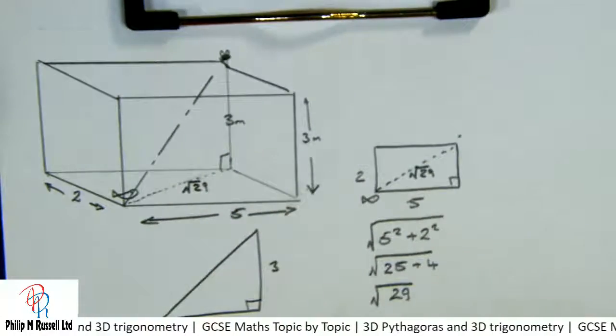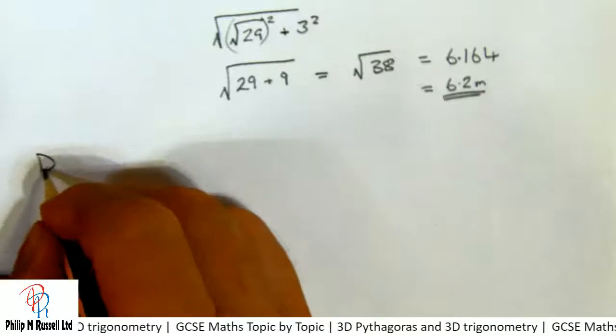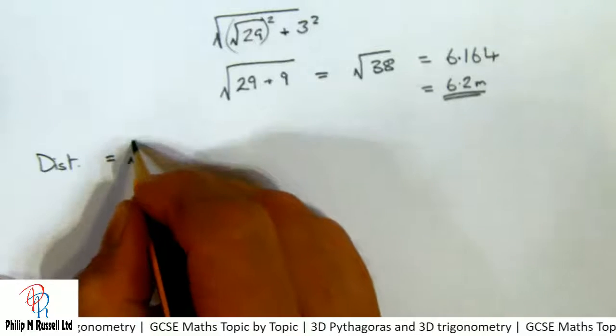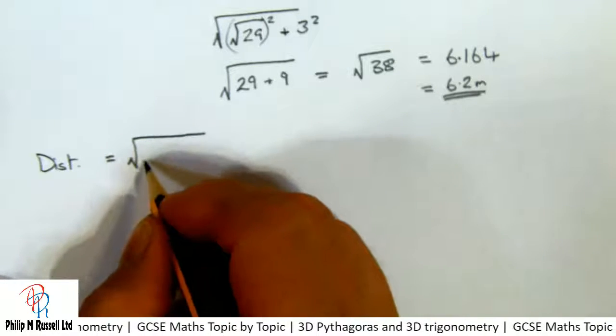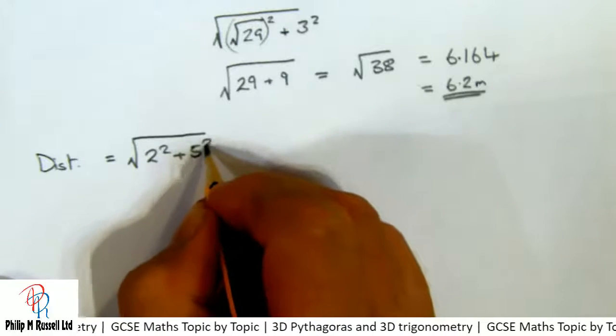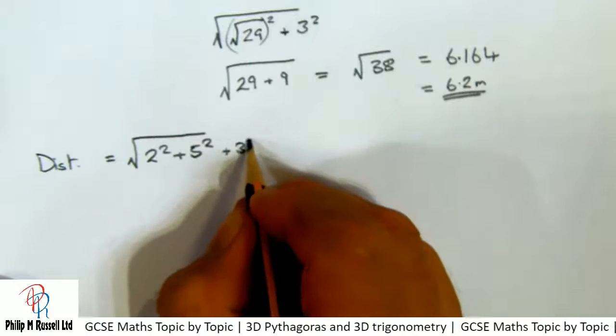So we could do all that in one go. We could say that the distance is going to be the square root of 2 squared plus 5 squared, same as we had before, plus 3 squared.